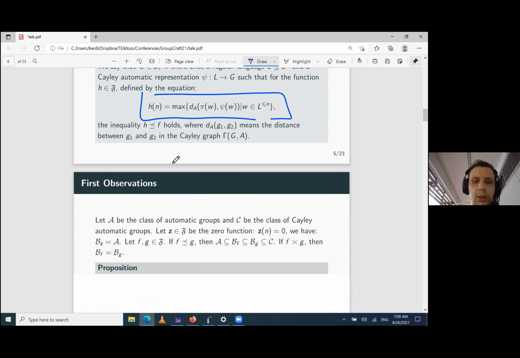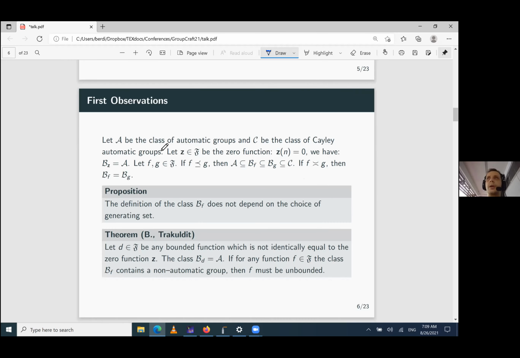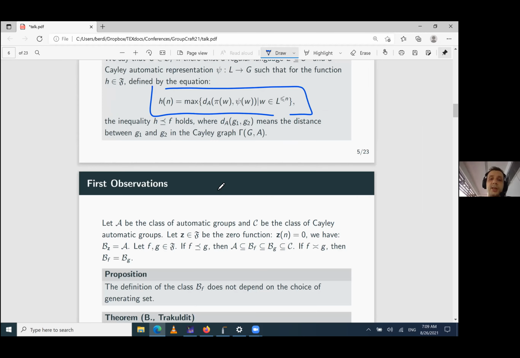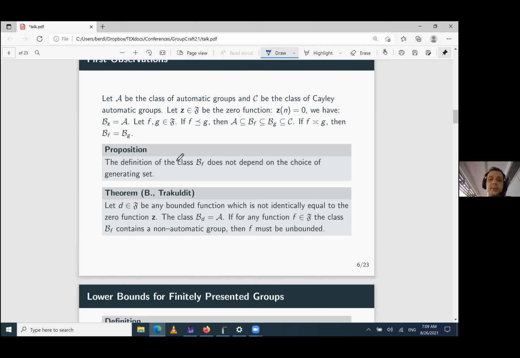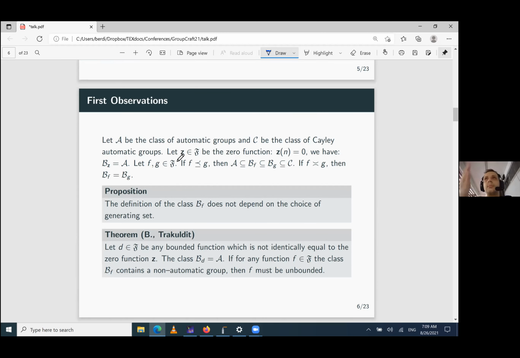So the first observation that you can make, and it's actually quite easy, you can notice that if this gap is a bounded function, then your group must be automatic. So you will not get anything new, right?